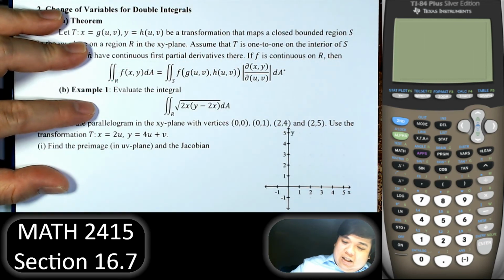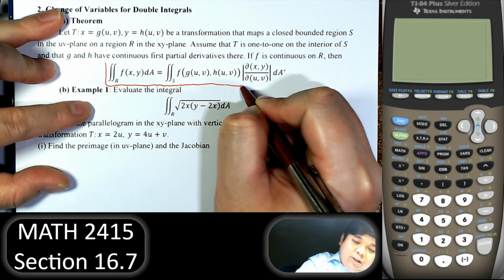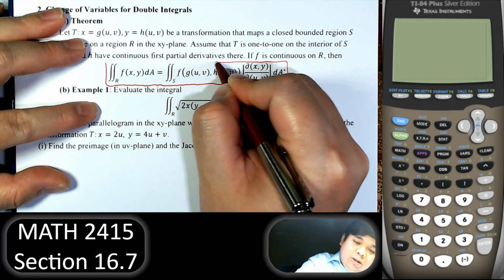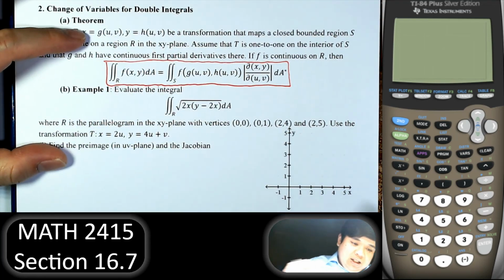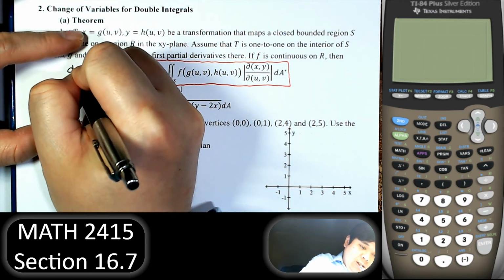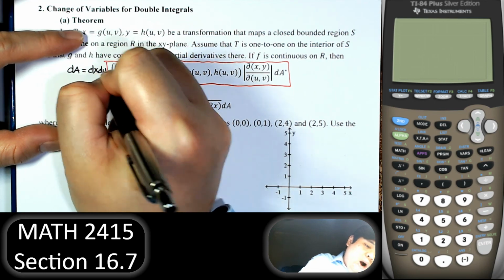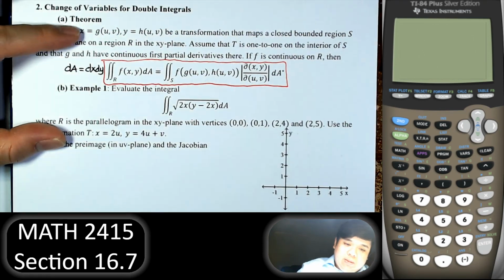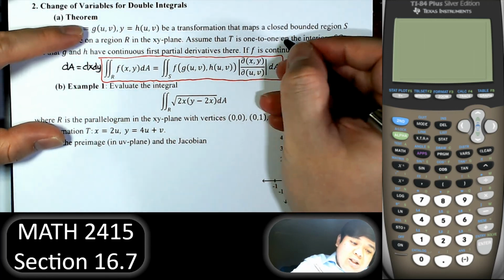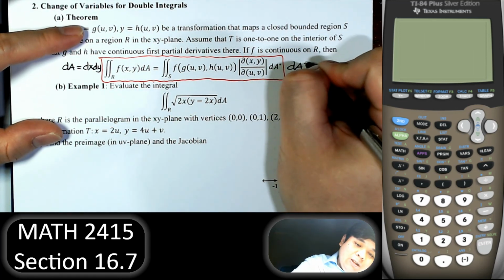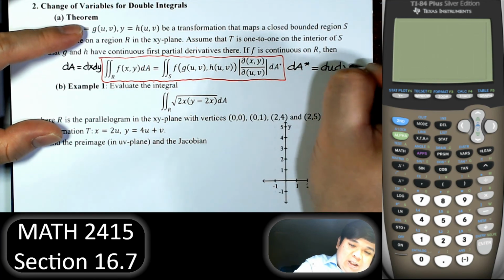Then this is the formula for the change of variables theorem. Originally we have dA, which could be dx dy or dy dx. And when we go here, that will be dA star, which is equal to du and dv.